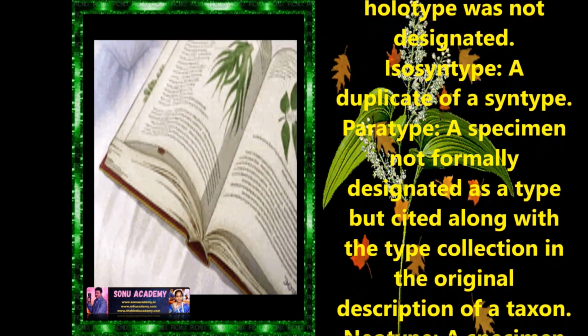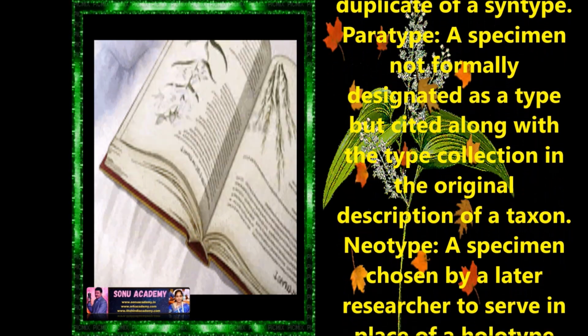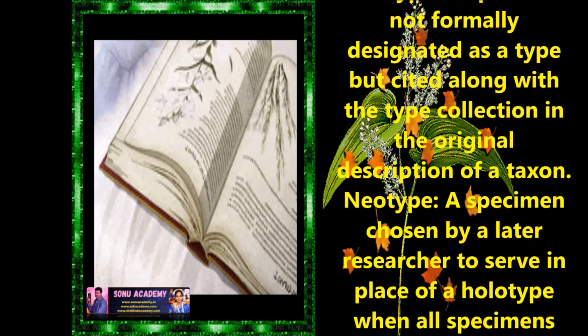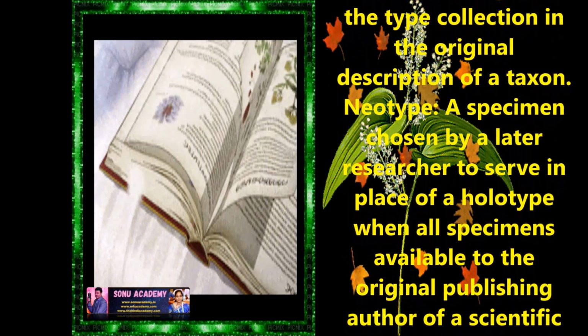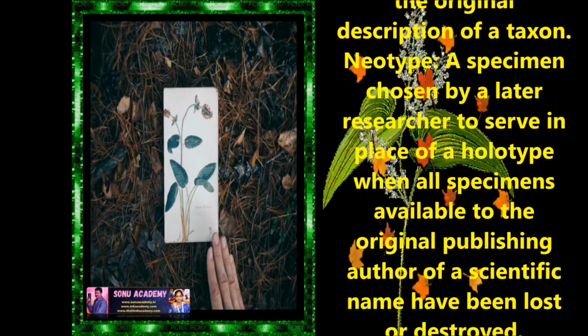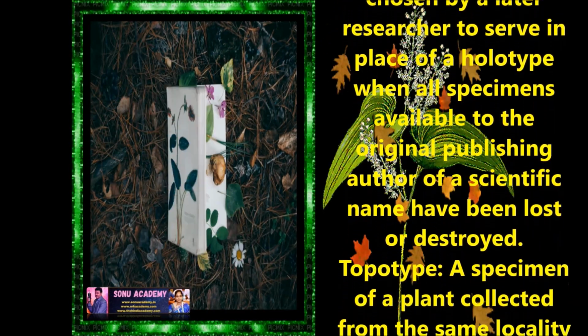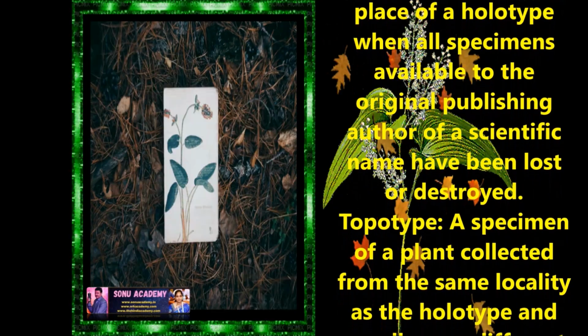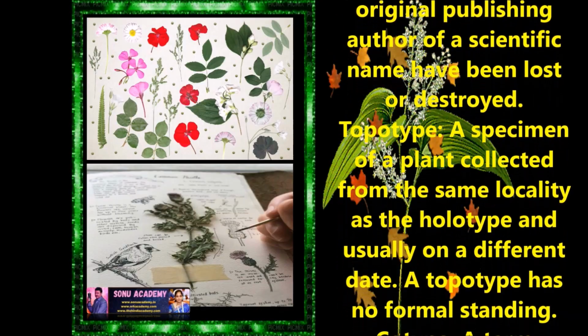The next one is paratype, a specimen not formally designated as a type but cited along with the type collection in the original description of a taxon. The next one is neotype, a specimen chosen by a later researcher to serve in place of a holotype when all the specimens available to the original publishing author of a specific name have been lost or destroyed.